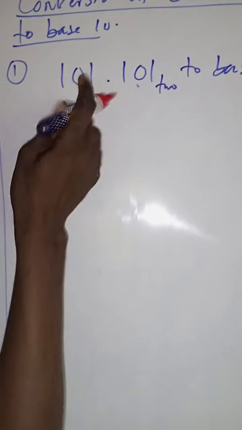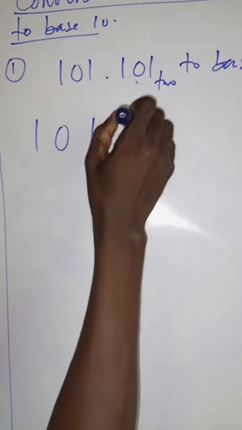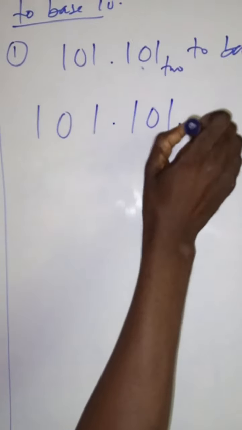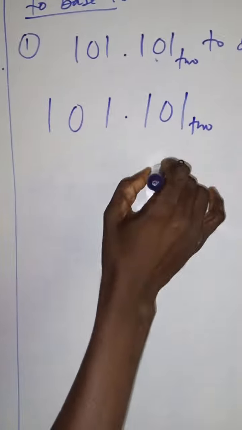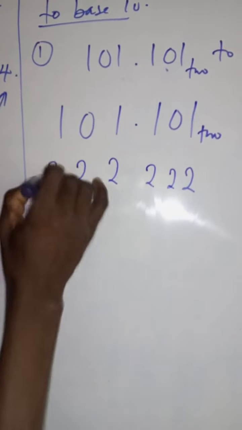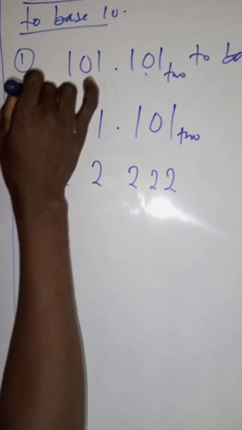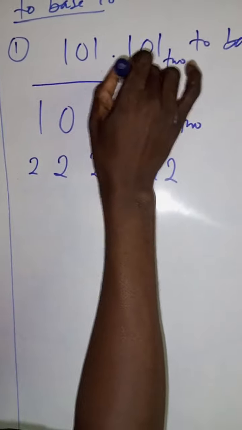So we have 100.100 base 2. Since we say it's base 2, let our 2 stay. All right. Then I will use my number line.